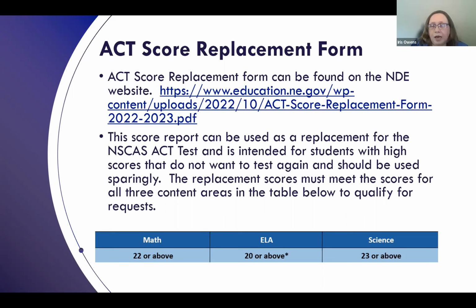You will have to have parents' signature on that so that they know that the student won't be testing again. The thought is that this replacement is for students with high scores who don't want to test again or don't want to test, for whatever reason. Use it sparingly. Not every student is probably going to fit into these scores.